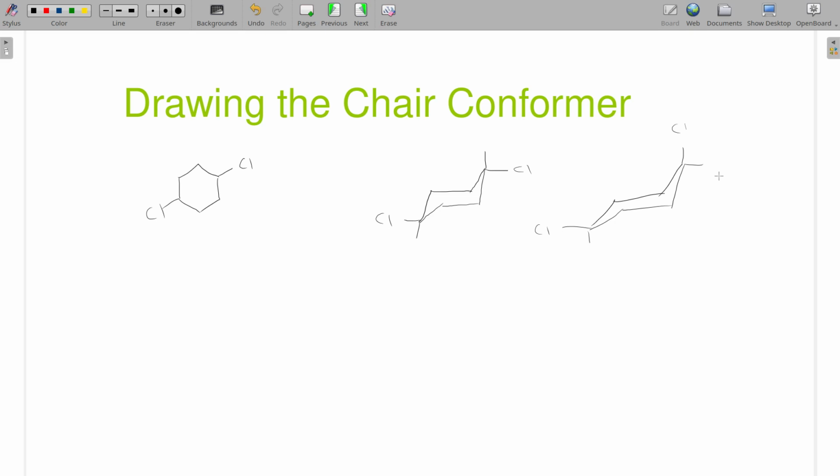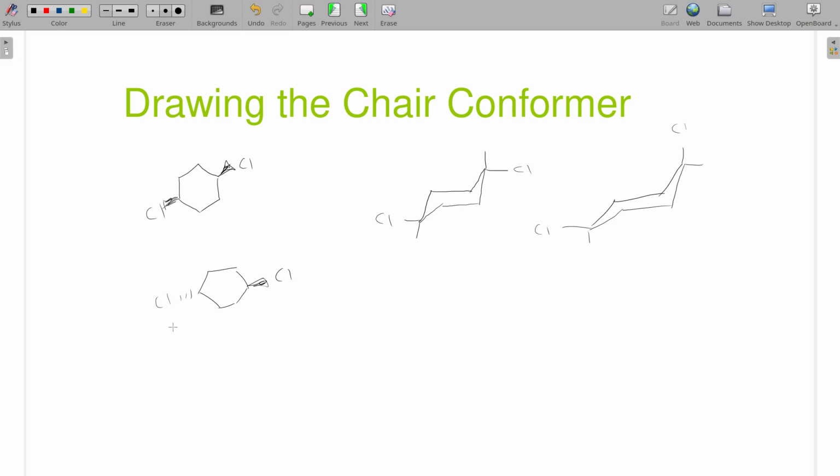But these are totally different structures, even to the point where I would have to draw this with wedges to indicate that these two chlorines are both going up on the ring, or one's going up and one's going down. It's darn important to draw it that way. And those two are totally different molecules.